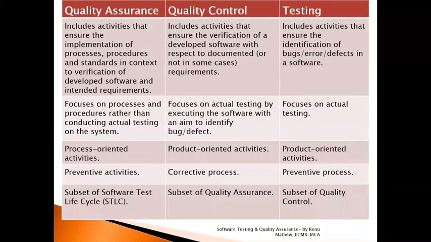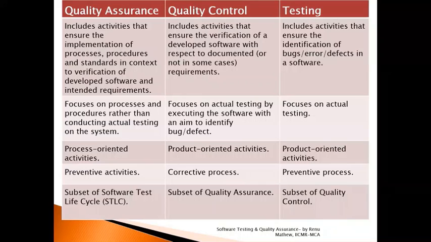Software testing includes activities that ensure identification of defects in a software. QA focuses on processes and procedures rather than conducting actual testing of the system, whereas QC and testing focus on actual testing by executing the software.